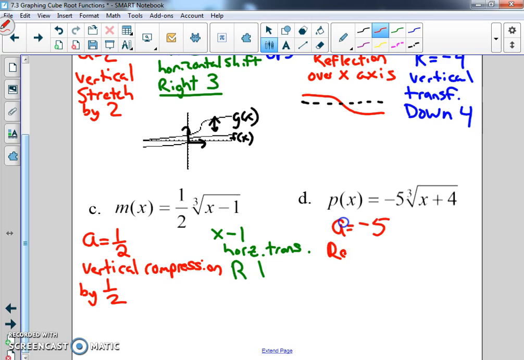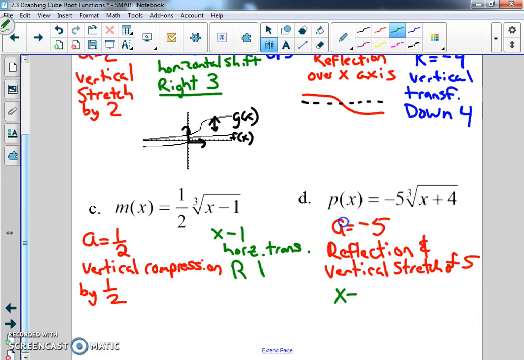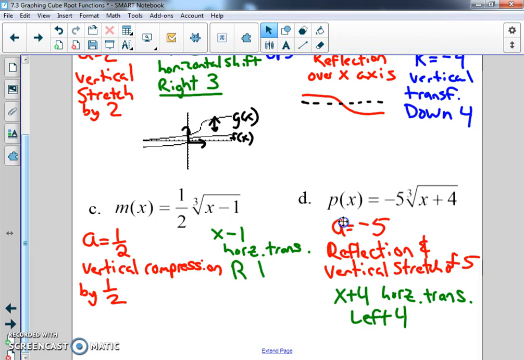This is both a reflection and a vertical stretch. It's a vertical stretch of 5. Because I have x plus 4, this is a horizontal transformation to the left.